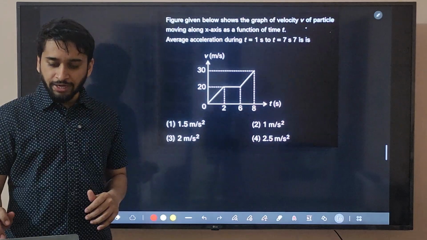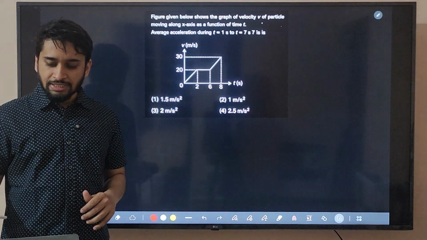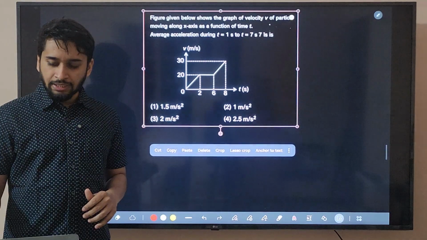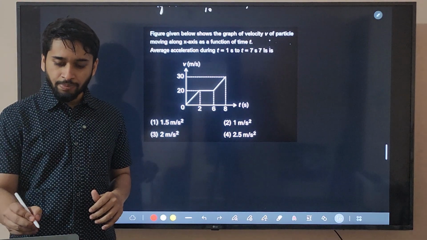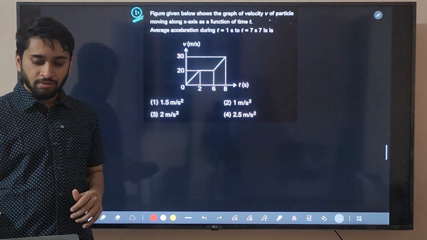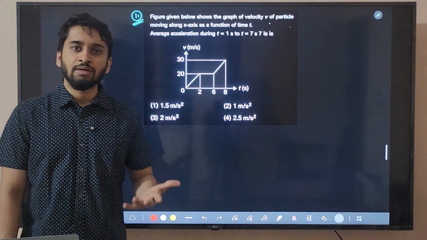Moving on, right? So this is the 11th question, again based on velocity time graph. Let us see what logic, what concept we can apply here.